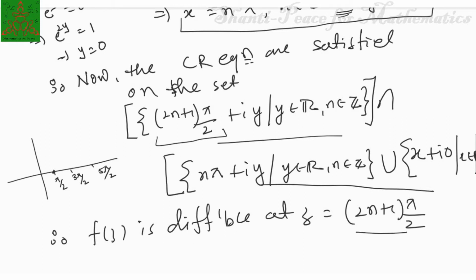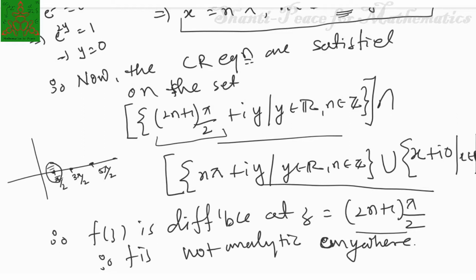At these points the function is differentiable, but nowhere else. If we consider the neighborhood of the point pi by 2, in that neighborhood it is not differentiable. So we can say that f is not analytic anywhere. That completes the proof of this example, that f is not analytic at any point.